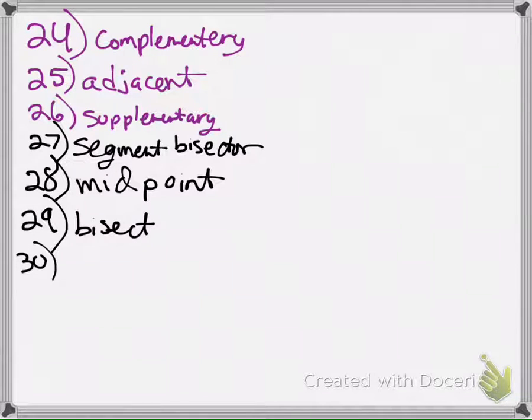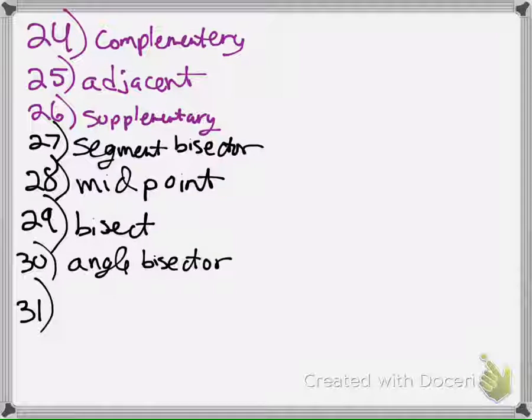Number 30. A blank divides an angle into two congruent angles. It should say an because it starts with a vowel. Angle bisector. Good. Okay, 31. Two angles that are not adjacent and whose sides are formed by two intersecting lines are called, I'll give you a hint, they're congruent.